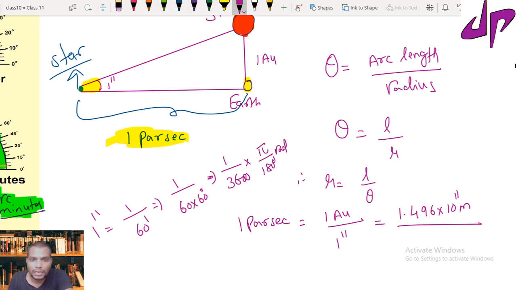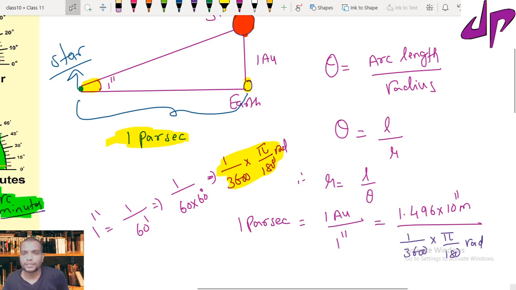So in place of 1 second, I can substitute the value which I got, 1 over 3600 times pi by 180 radians. So it is 1 over 3600 times pi upon 180. That angle we converted in terms of radians. Degrees we need to convert in terms of radians.